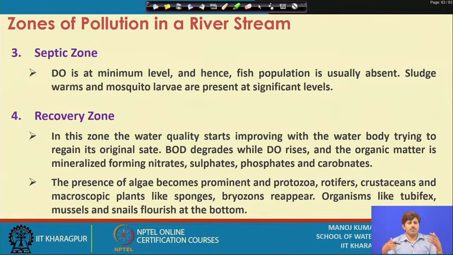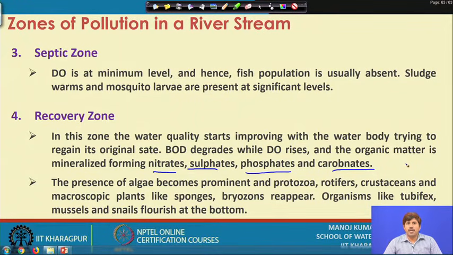There will be sludge worms, mosquitoes, those kinds of things, and then eventually it comes to the recovery zone, where the water quality starts improving further. The water body tries to regain its original state, the BOD degrades and DO rises. The organic matter typically gets mineralized in this zone into nitrate, sulfate, phosphate and carbonates, and the rest escapes in the form of CO2.